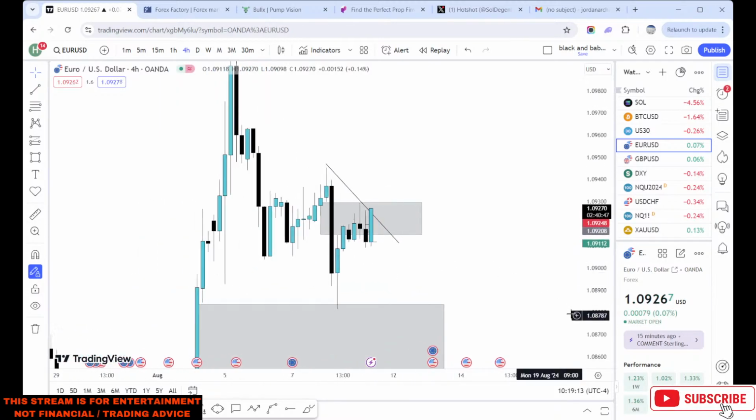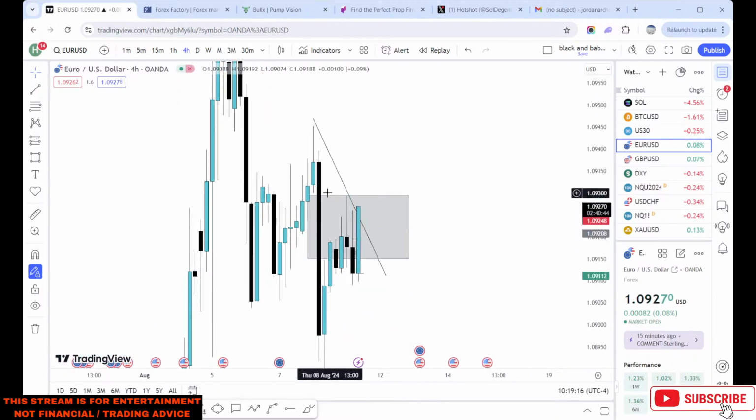At the same time, from this bearish fair value gap on the 4 hour, I was looking at the candles. Notice how this black candle wicked above here and then closed within the range.